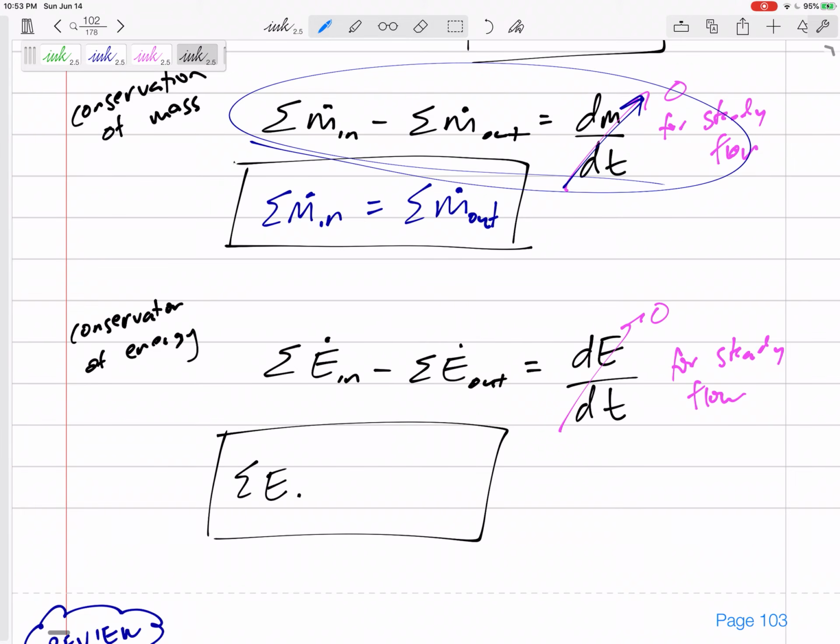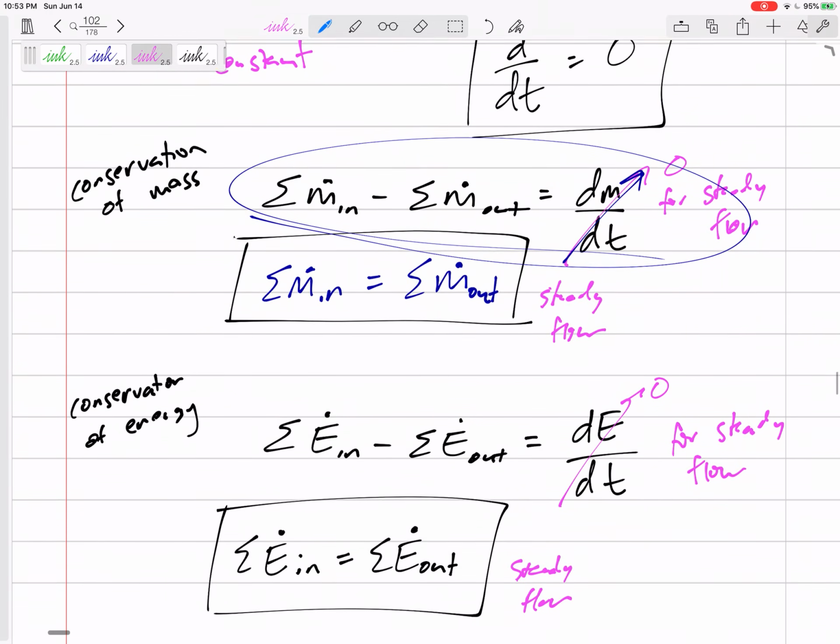The sum of all the energy in equals the sum of all the energy out for steady flow devices. I can't emphasize that enough. Steady flow. But we are going to look at a lot of steady flow devices. A lot of our devices are steady flow devices.